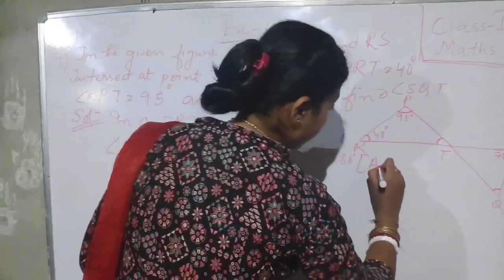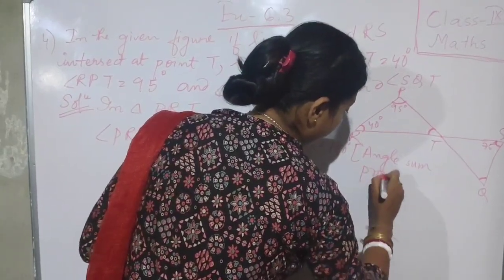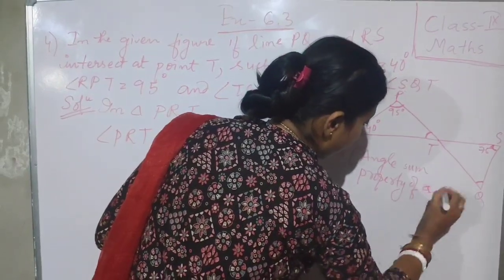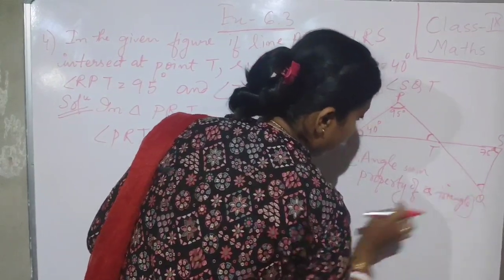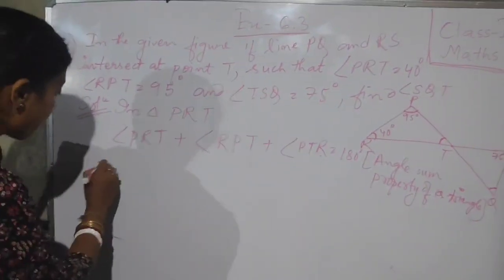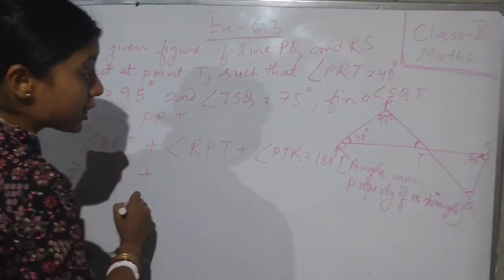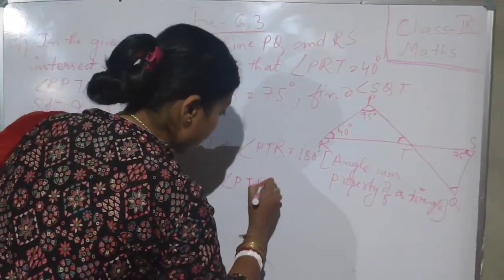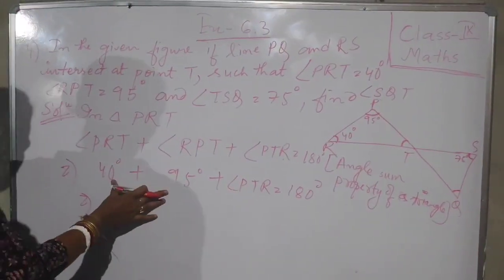This is the angle sum property of a triangle. So we have the values. Angle PRT is 40 degrees plus angle RPT is 95 degrees plus angle PTR, which we have to find out, equal to 180 degrees.